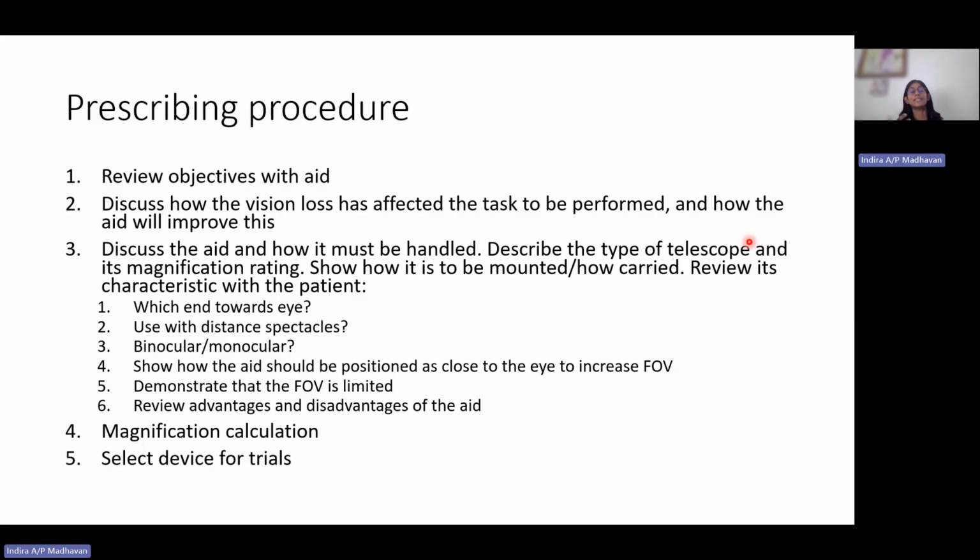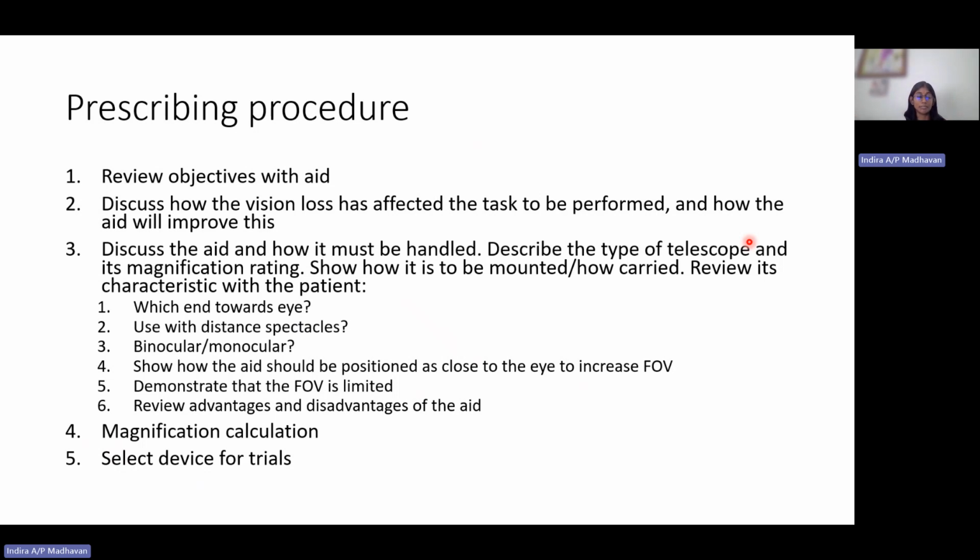Then tell the patient what magnification is actually required by them, and explain that if it's 5 times, it means you need a telescope that makes the image 5 times bigger, then only will you be able to see.